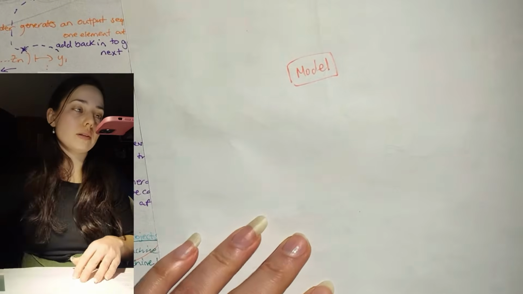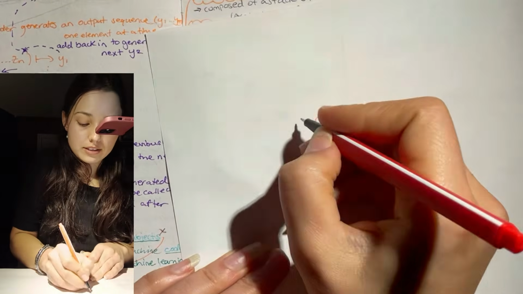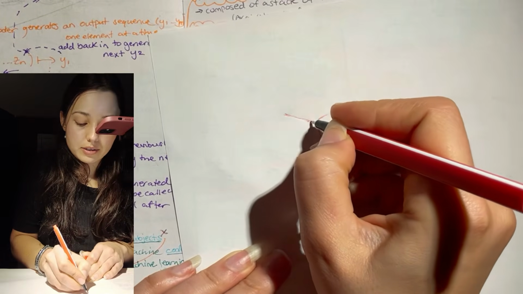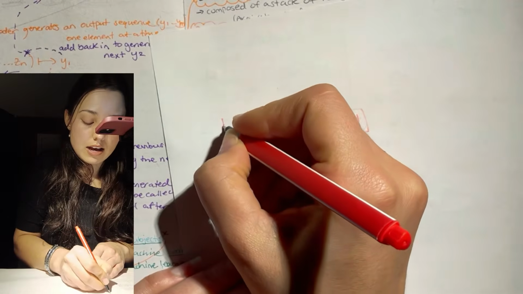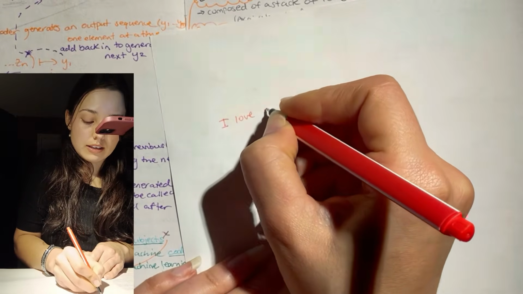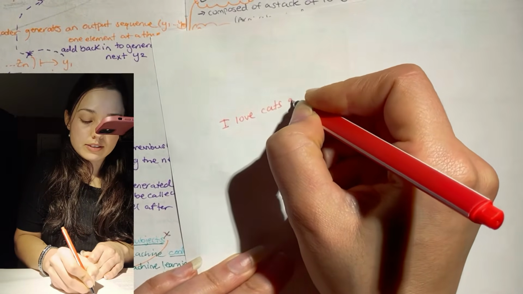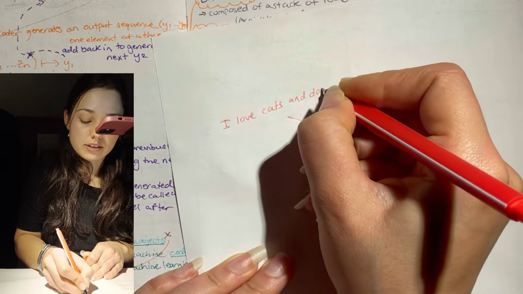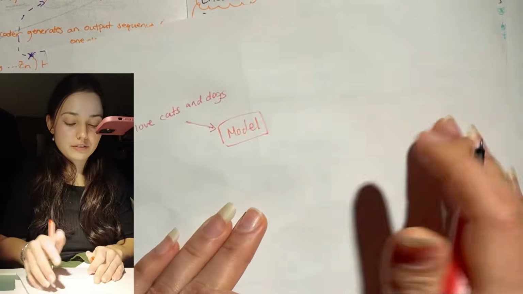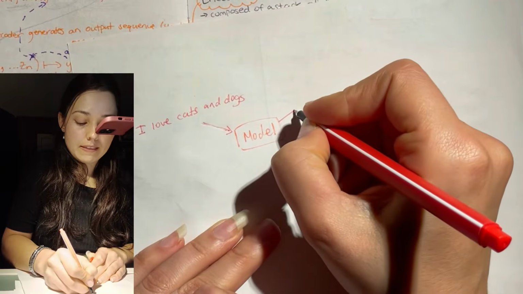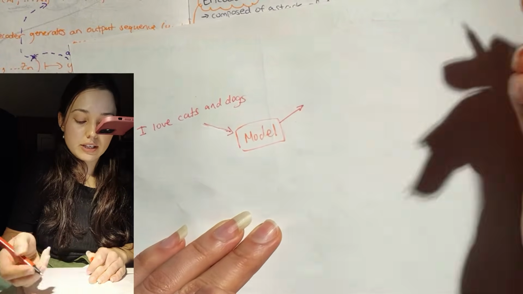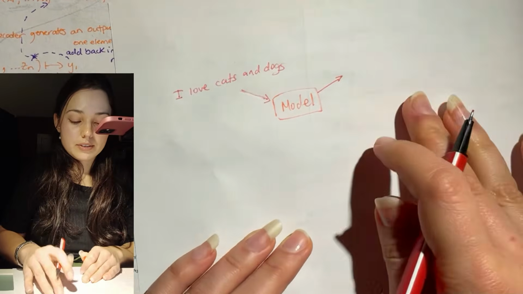Let's say our input is I love cats and dogs. So that's our first input. And then our output is going to be the target language.